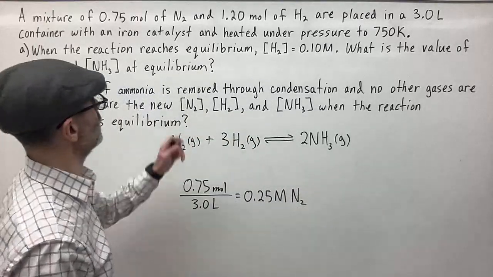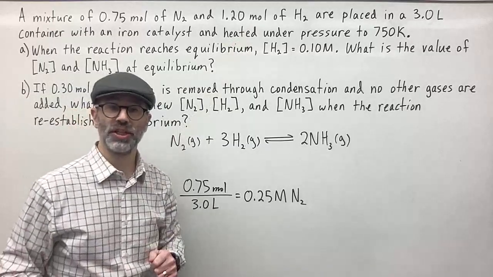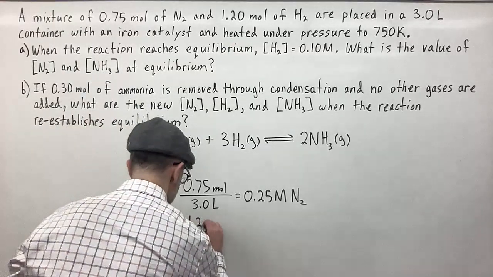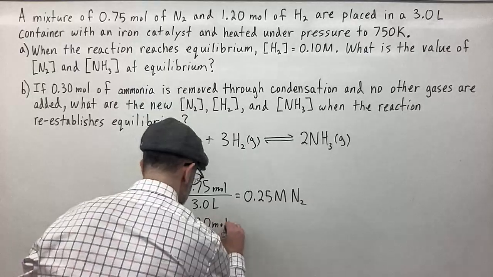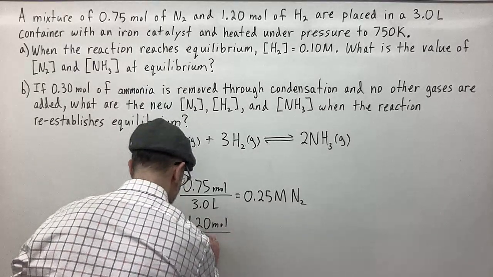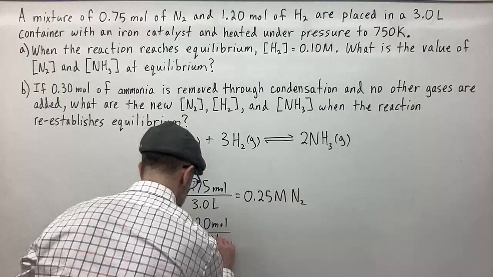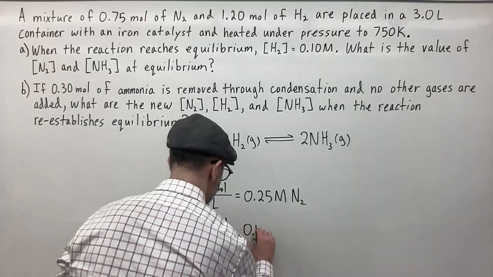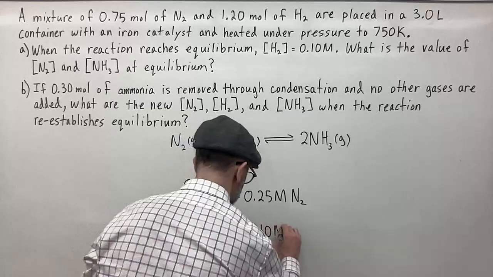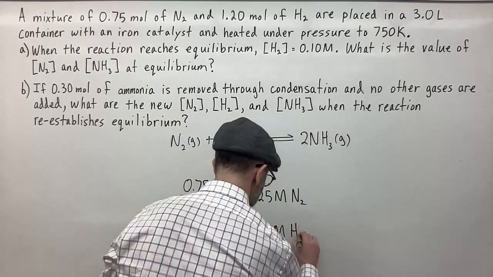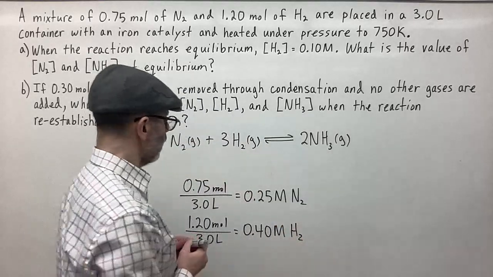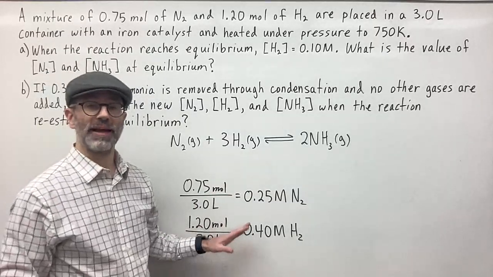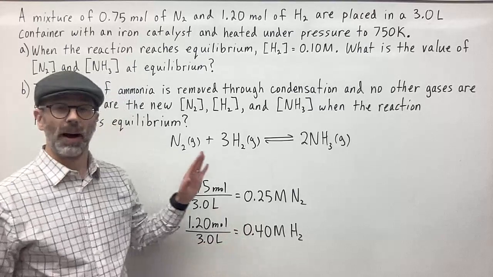And then we can do the same thing with our hydrogen, which is 1.20 moles divided by 3.0 liters again. And here we're going to get 0.40 molar for H2.